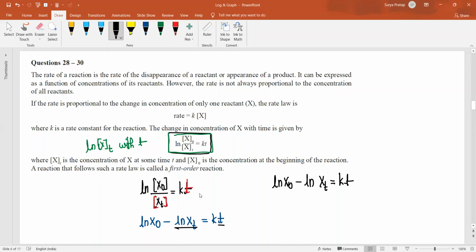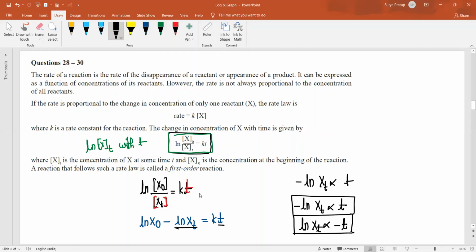If I suppose this term and this term are constant, then minus ln xt is directly proportional to t, or we can say ln xt is directly proportional to minus t. So this is the relation between ln xt and t. We got a relation which is directly proportional with the negative sign. Hope you understand what it means.